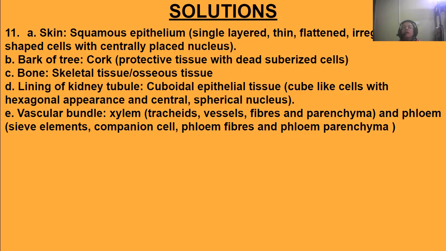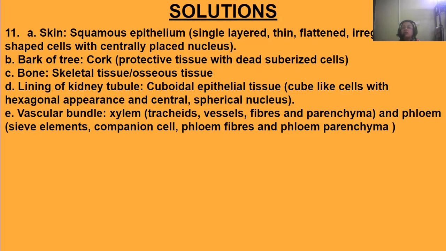Bones are skeletal tissue or osseous tissue, containing osteocytes. The lining of the kidney tubules is formed by cuboidal epithelial tissue, with cube-like cells of hexagonal, six-sided appearance and a central spherical nucleus.